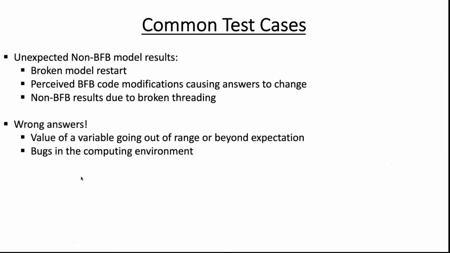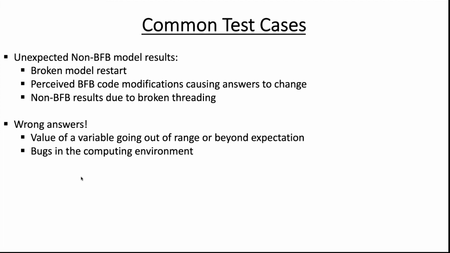And these are the list of common test cases where we can use this tool to fix these issues. So for example, unexpected non-bit for bit model results: when we expect the model to be bit for bit but it is not, then we can use these tools to track which process, which variable started to differ and when.